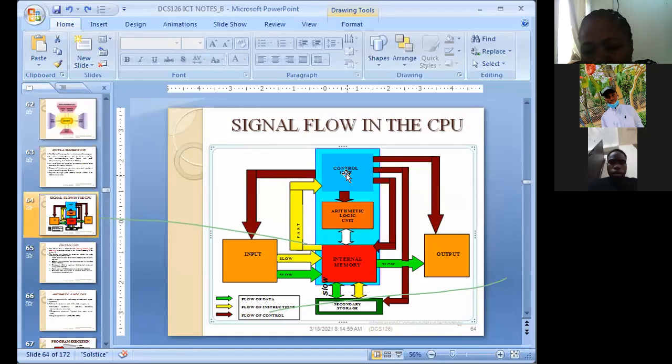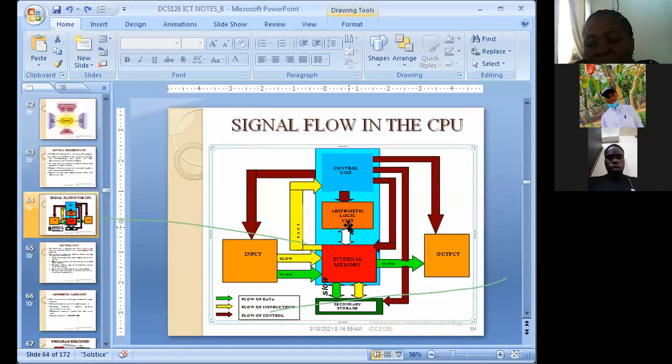Now the control unit would signal the ALU with the same information that the internal memory had signaled to the control unit. So it will now signal the ALU to say, ALU, get ready for action. Go into the internal memory and check the data that has been stored there and some instruction. Check what they are so that we can do the processing.